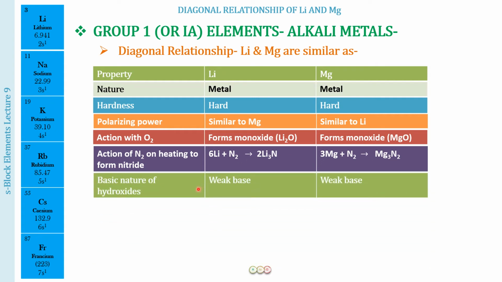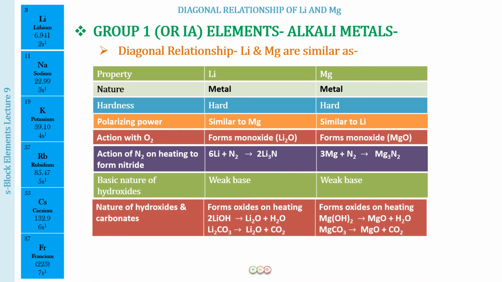Then we have the hydroxides. So we find lithium hydroxide and magnesium hydroxide both to be weak bases, whereas the rest of the alkali metals were strong bases. So lithium is a weak base, and similar to that we have magnesium to be a weak base. The nature of hydroxides and carbonates: both of them are going to form oxides on heating.